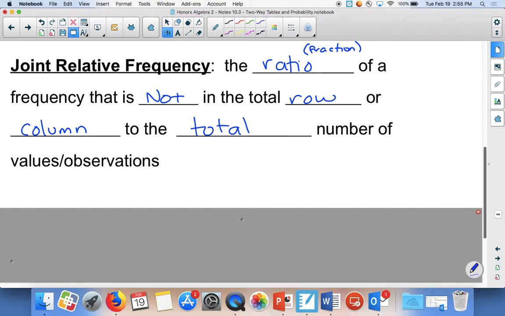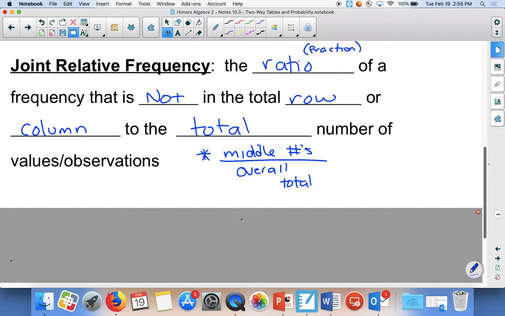So basically the overall total. So you're putting together a fraction of the numbers that are not part of your sums. So basically the inside, the middle. That's kind of how I think of it: the middle numbers divided by the overall total. You got to keep that straight.